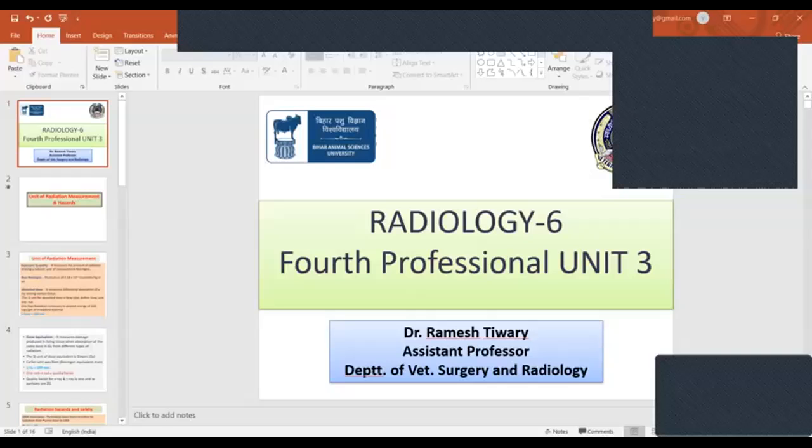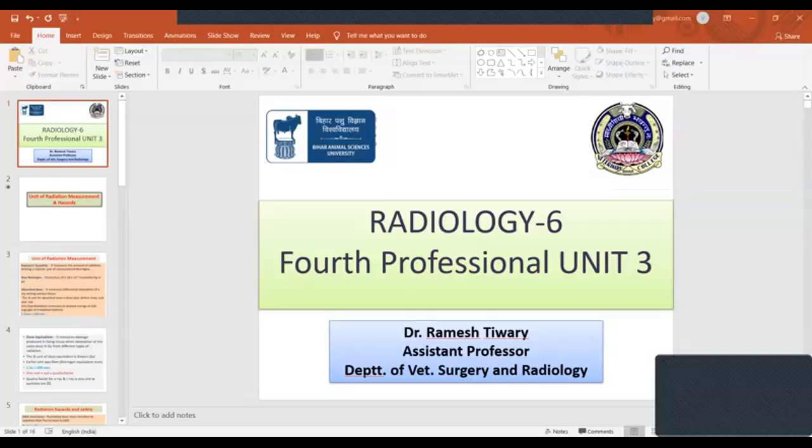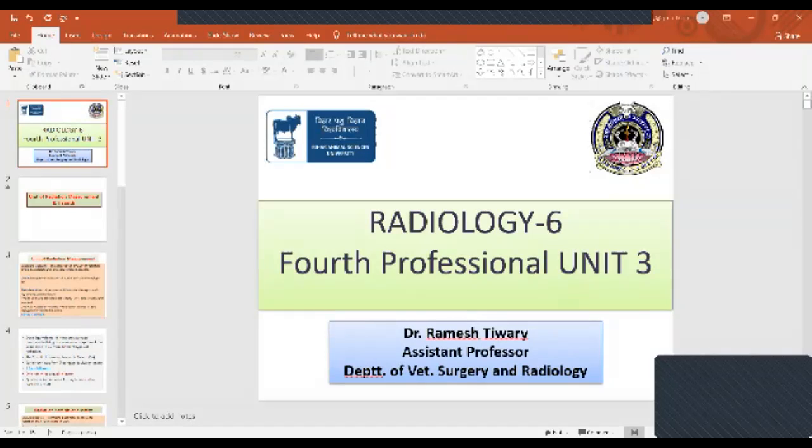So today we will discuss the units that we use for radiation. Second, what are the damage or adverse effects of this radiation, and what precautions we take to protect ourselves from radiation damage.